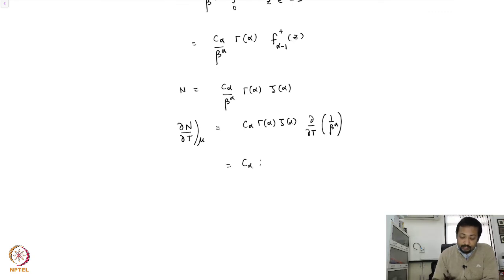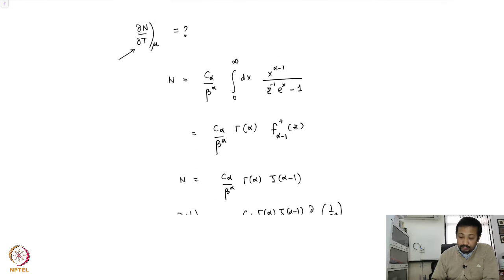This I rewrite as C alpha, gamma alpha, zeta alpha. I think I have made a mistake over here, so this is going to be zeta of alpha minus 1. This is also going to be zeta of alpha minus 1, and this is going to be zeta of alpha minus 1.